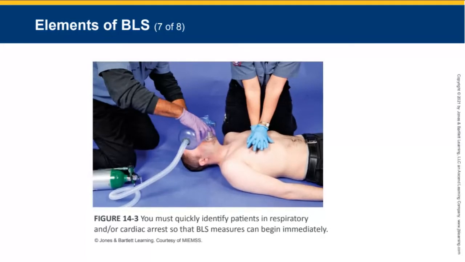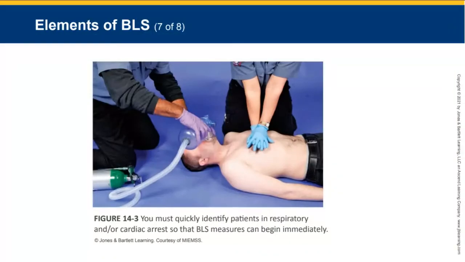And for BLS to be effective, you must have a good team response, and bystanders must initiate lay rescue CPR. So what does that mean? Somebody collapses, somebody recognizes the collapse, activates EMS response, EMS dispatch, BLS or ALS response to the location, while ALS and BLS response is en route.